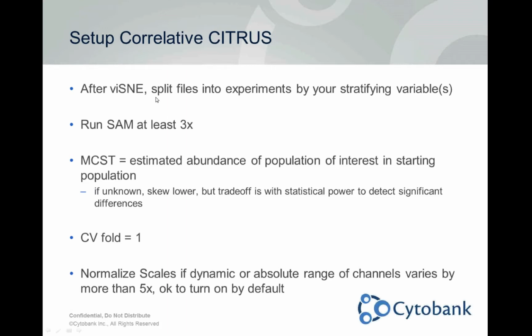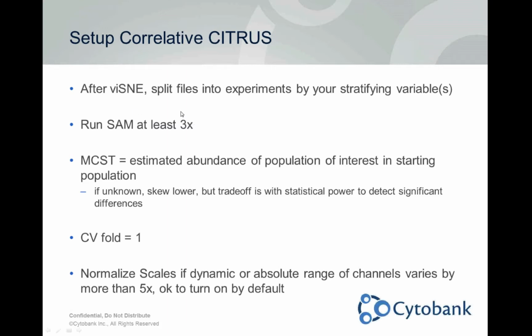If you want to bring it to your lab meeting and tell your boss about it, maybe run it 5 times. And obviously, the more sure you want to be about it, feel free to repeat Citrus as many times as necessary. But at least run Citrus 3 times. And the same is going to be true for the predictive version as well. In that case, we'll say run PAM and lasso at least 3 times.